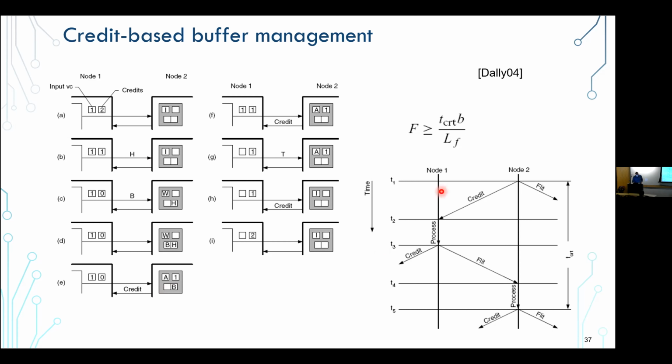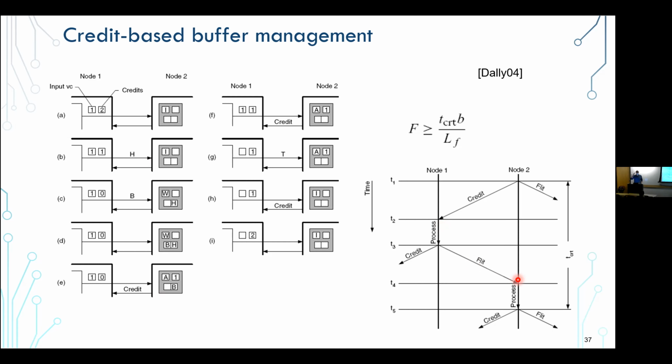So if we look at this timing diagram here, you're looking essentially at the period between the two, when the credit was sent, a little bit of processing, and the flit traverses. Assuming that the processing, meaning incrementing or decrementing of the credit, is not that time consuming, you end up essentially with the round trip time that's needed for you to send another flit across, right?